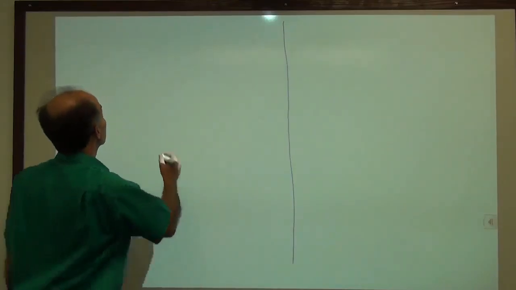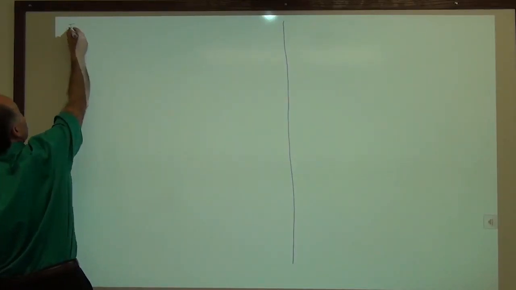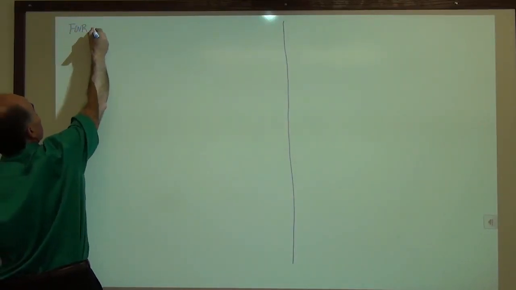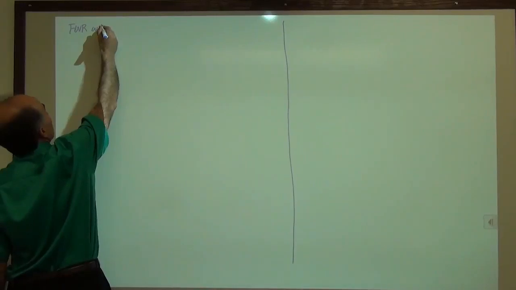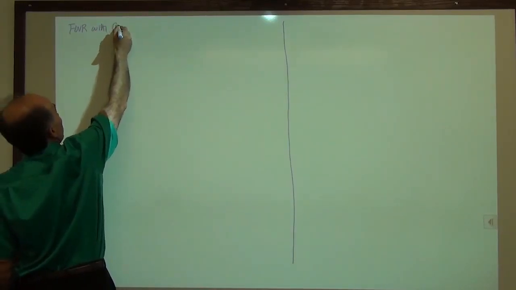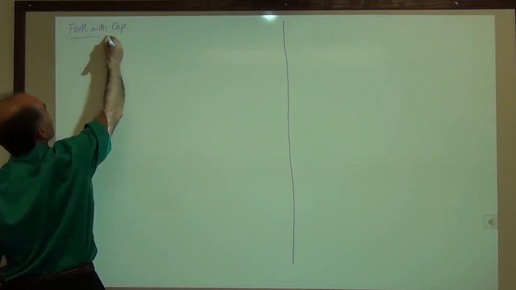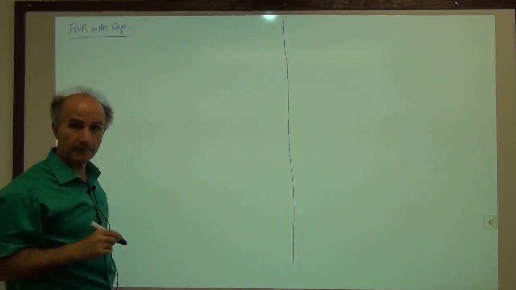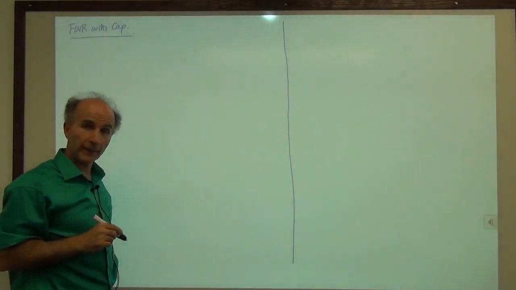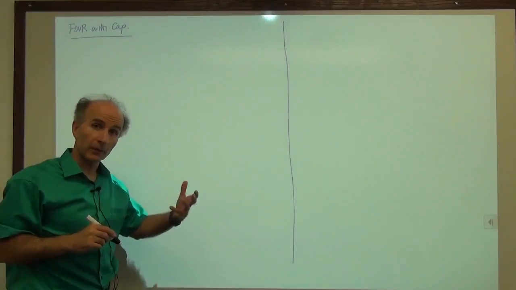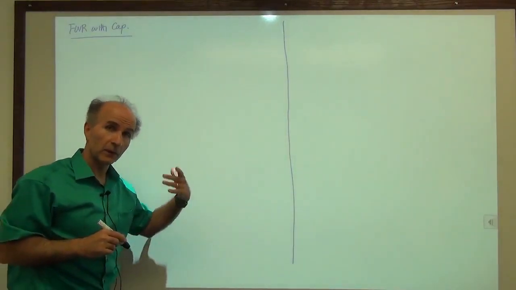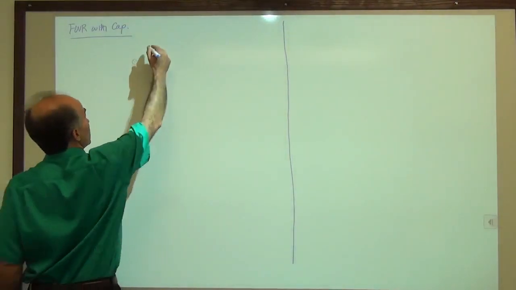All right, so we will consider a full wave rectifier with a load capacitor. And we would like to see what happens when we apply a sinusoidal input to this circuit. All right, so here's our circuit.